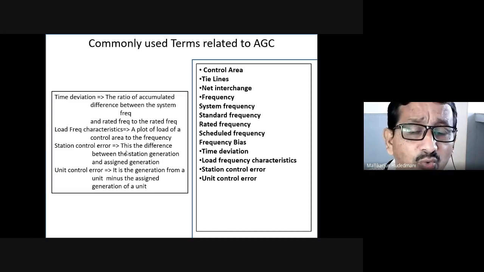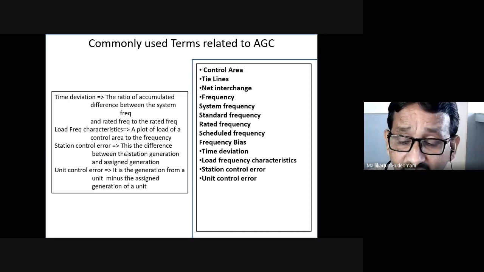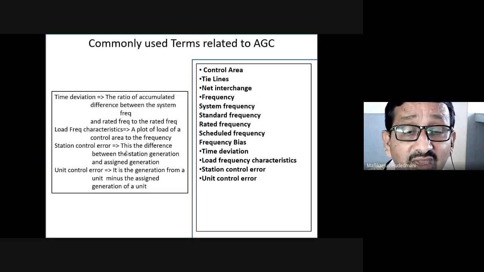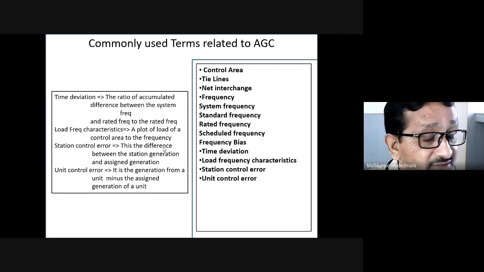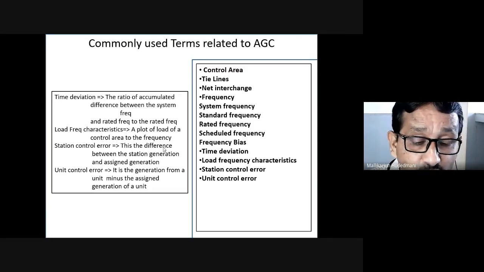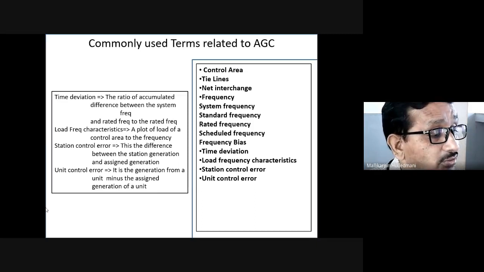It is to be zero. What is given must ideally be generated. Due to so many contingent parameters playing on power system control, there could be a small following error. That we call station control error: the difference between the station's actual generation and the expected assigned generation.